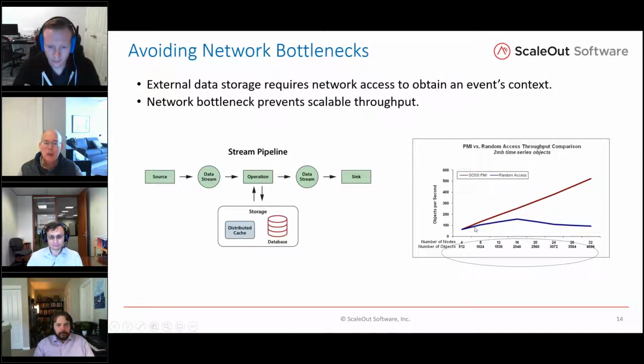Whereas if you can move the code to where the data lives, then you avoid the network bottleneck and you can have linearly scalable throughput. What that means is that the streaming pipeline needs to integrate storage within the pipeline in some fashion so that the data is immediately available without going across the network. And that's what real-time digital twins do.